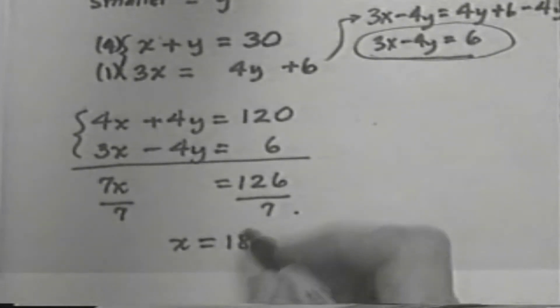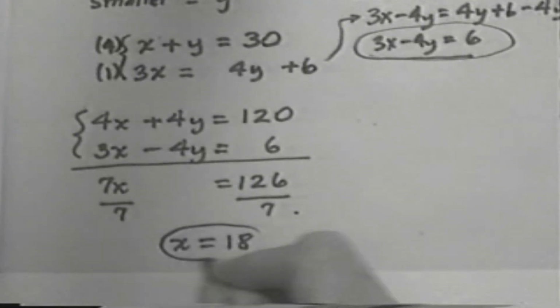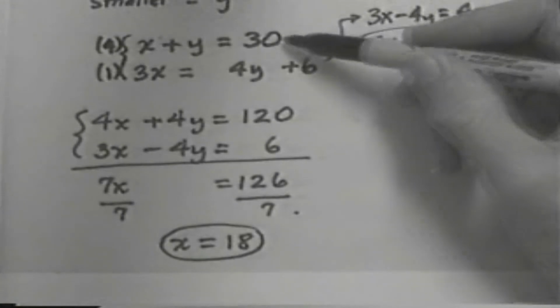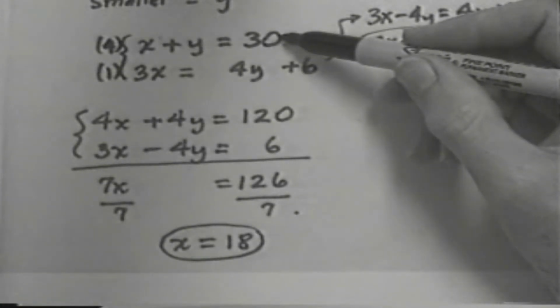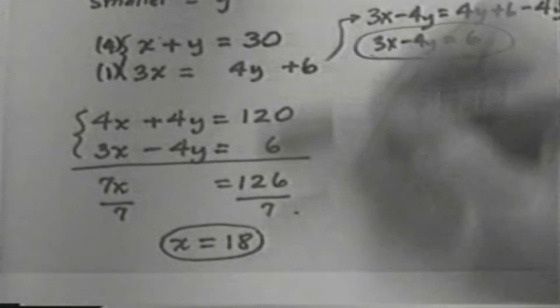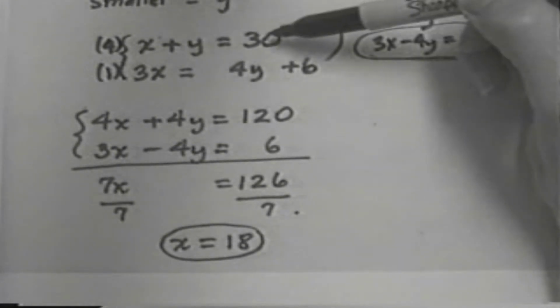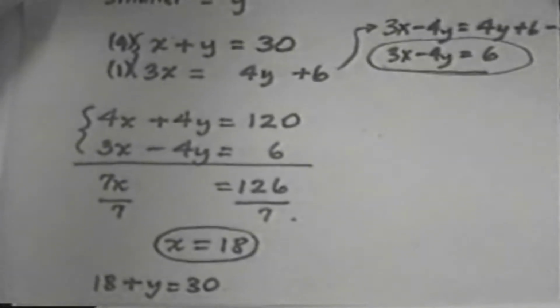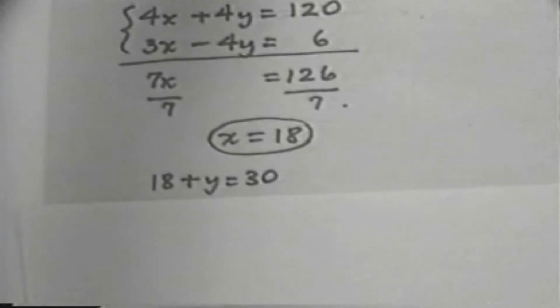To finish solving the system of equations, I'll take my x value of 18 and substitute it into one of the paired equations. I'm going to choose the first equation, and fill in 18 in place of x. And so I'll have 18 plus y equals 30. Then to get y by itself, all that's left is to remove the 18 that's added.